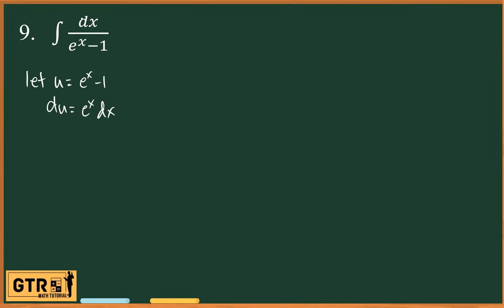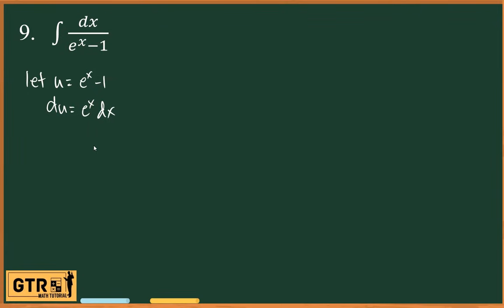But our expression only has dx in the numerator. We don't have e^x. So by direct substitution, letting u equal e^x minus 1 is not very effective, because we cannot reduce this to u^n du or du over u. So we will find another way of solving this.